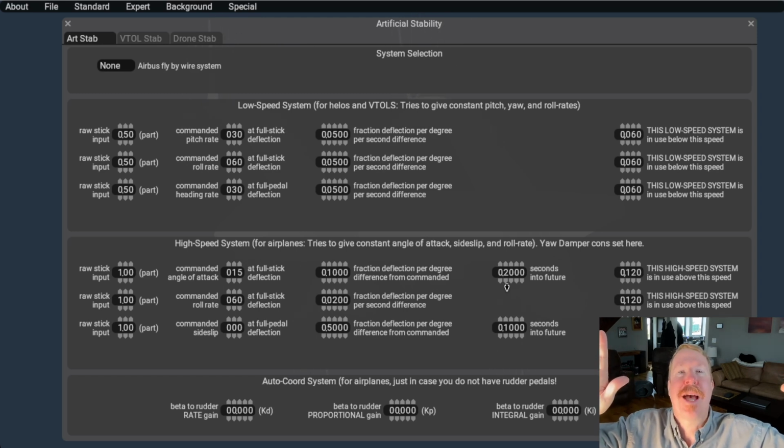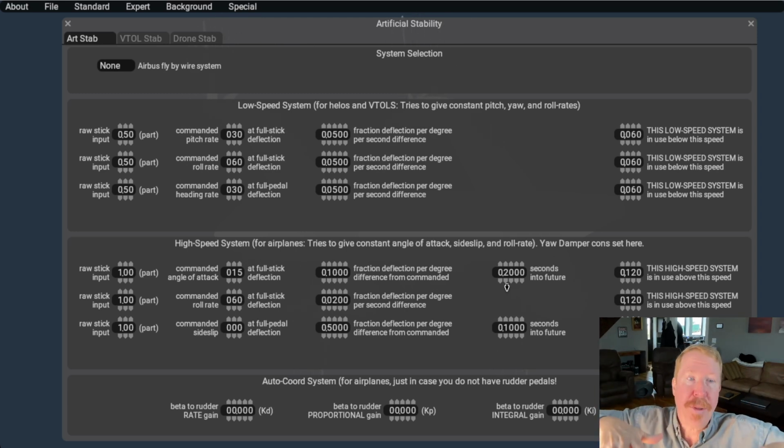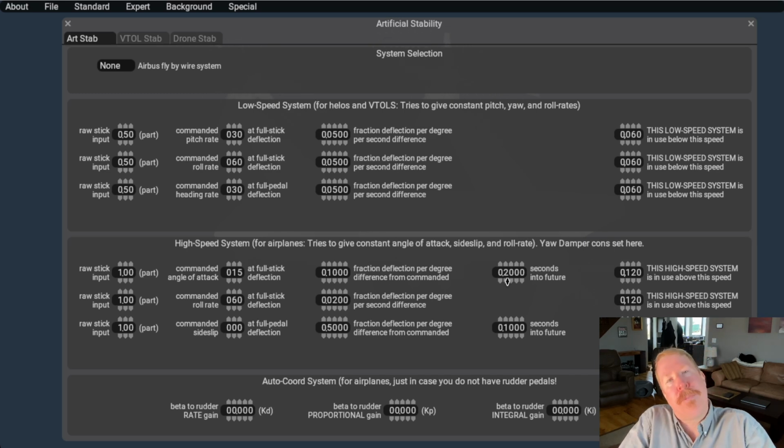And so if you think about that, what that means is when that nose is pitching up really rapidly, the flight control system is saying, wait a minute, I'm not at 15 degrees angle of attack now, but I'm going to be at 15 degrees angle of attack in 0.2 seconds. I better get off the flight controls now. And it's that anticipation that causes the flight controls to be smooth, because they start backing out as the airplane starts approaching its target angle of attack or roll rate or side slip or whatever it is you're trying to hit.